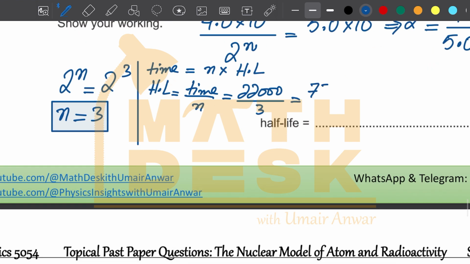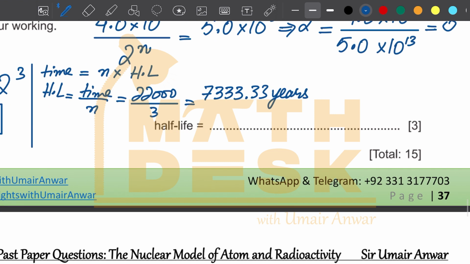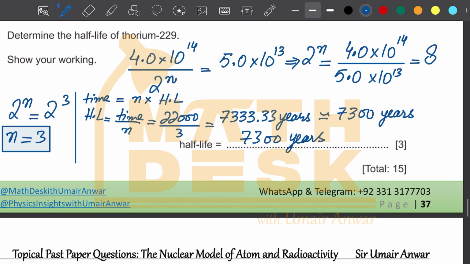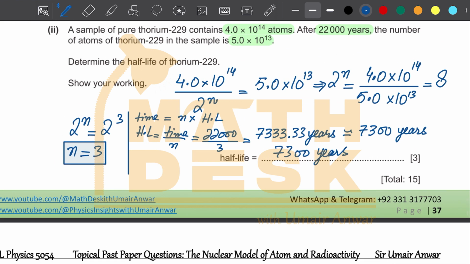So the answer is 733.33 years, and we would write this answer in two significant figures. So it would become 7,300 years, and this is the final answer for this part, 7,300 years. So the question ends here with this part.